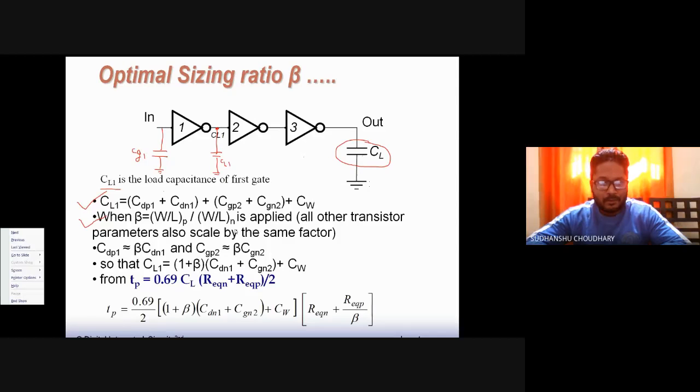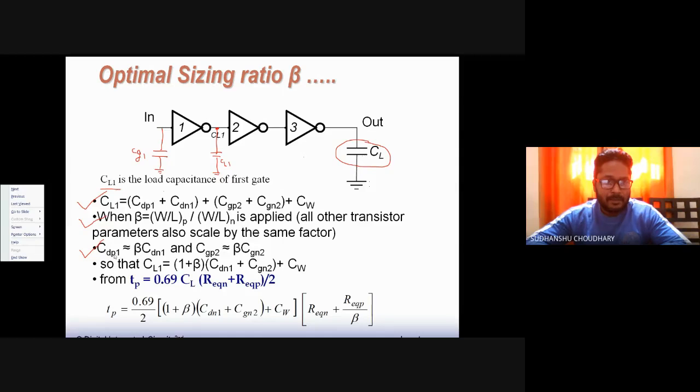So when you apply beta equal to WP by WN, the drain diffusion capacitance of my PMOS 1 goes up. So I have a relation now: CDP1, the drain diffusion capacitance of PMOS of inverter 1, becomes equal to beta times the drain diffusion capacitance of NMOS of inverter 1. This is an important relation to know here.